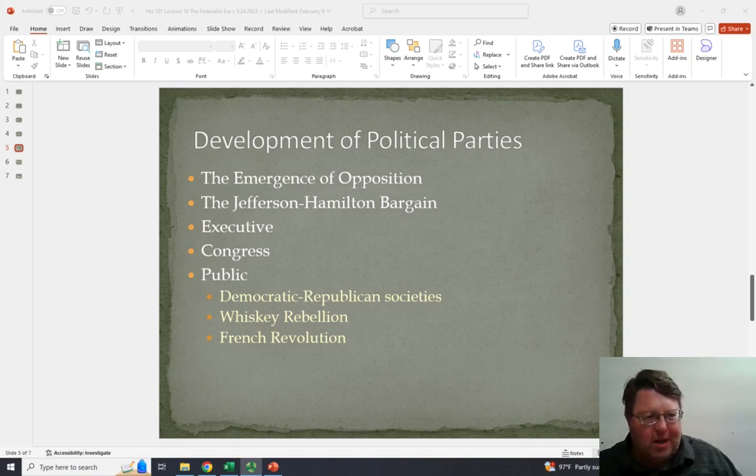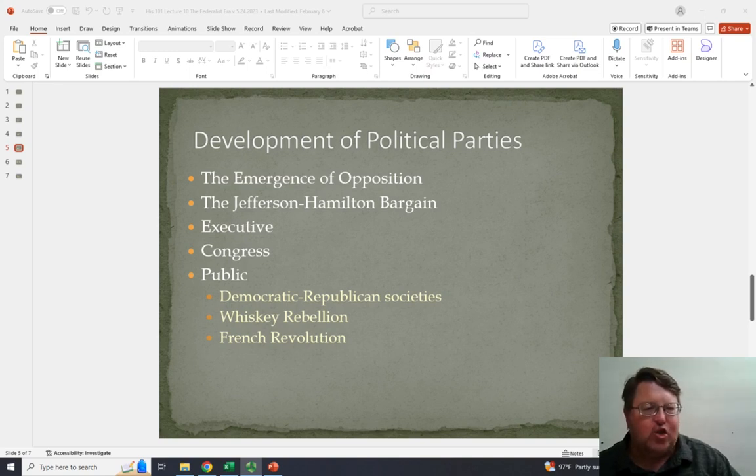Opponents of Alexander Hamilton, politicians or statesmen, elected officials that tended to oppose ratification of the U.S. Constitution, Hamilton proves their worst nightmare. And so opponents of Alexander Hamilton, opponents of ratification of the U.S. Constitution, really start to coalesce.